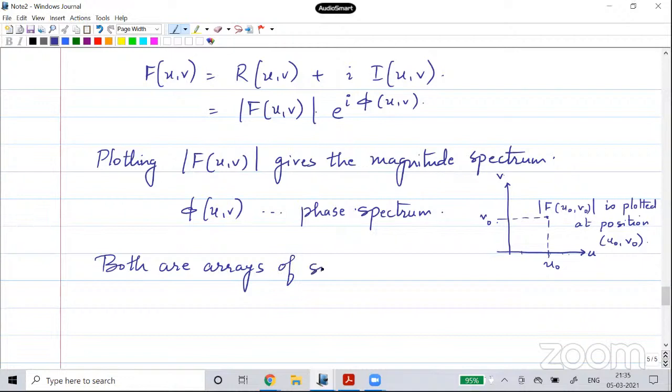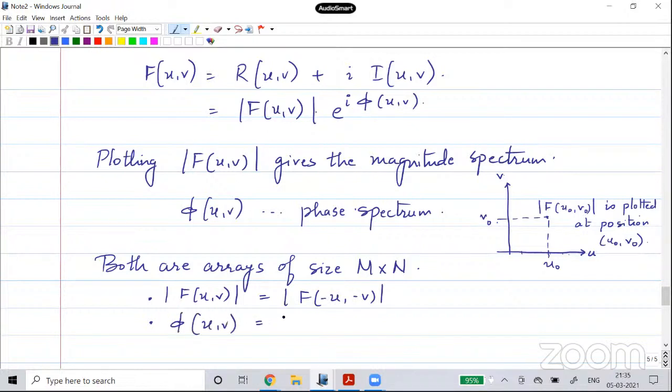Both satisfy the following, which I will write, not prove. |F(u,v)| is the same as |F(-u,-v)|, so there is this symmetry in the plots. And phi(u,v) is the same as -phi(-u,-v).